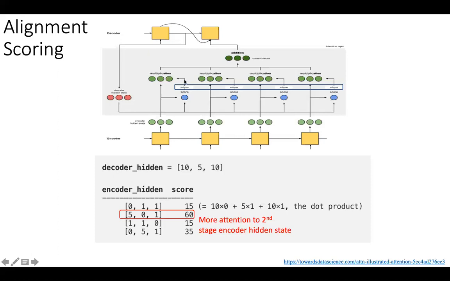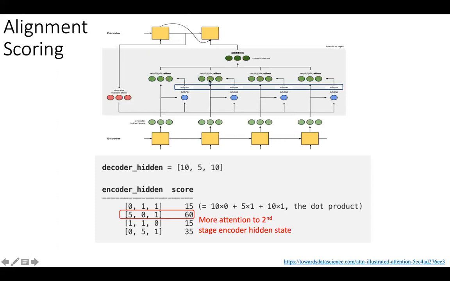Now this is the weight of each encoder hidden state that denotes its importance. We will multiply that with the encoder hidden state, so that by that factor the importance of that particular hidden state will be increased.